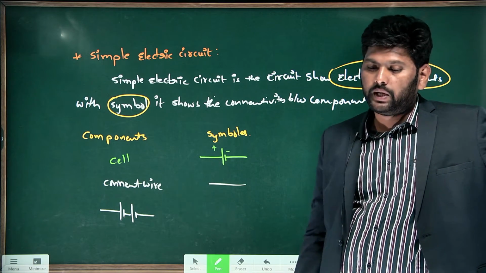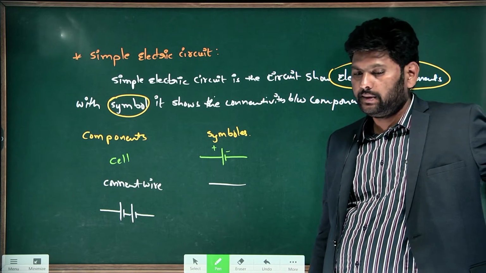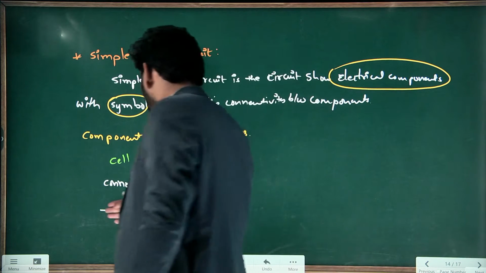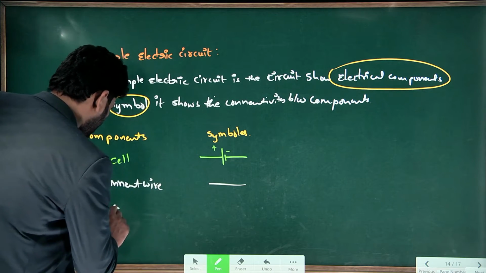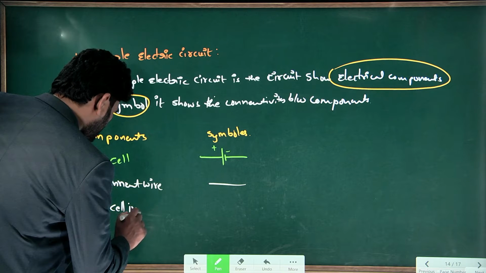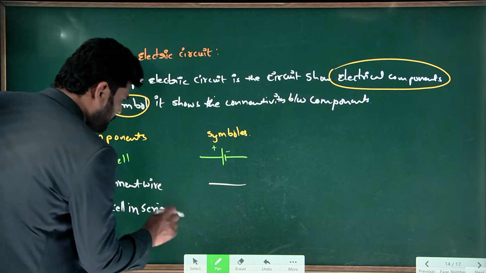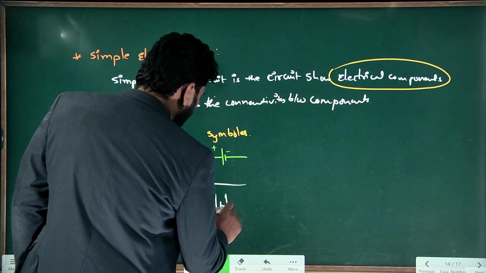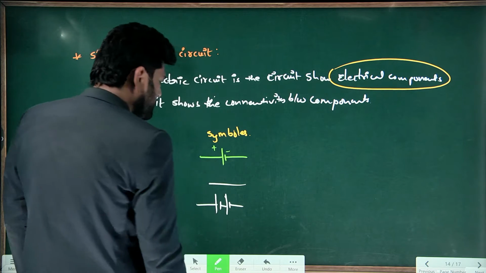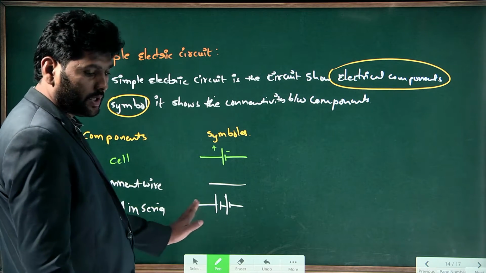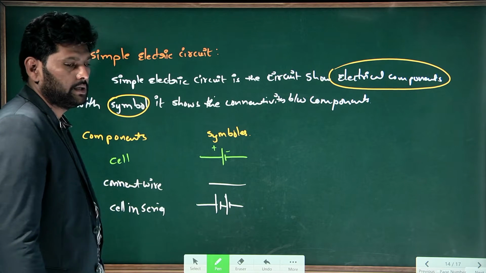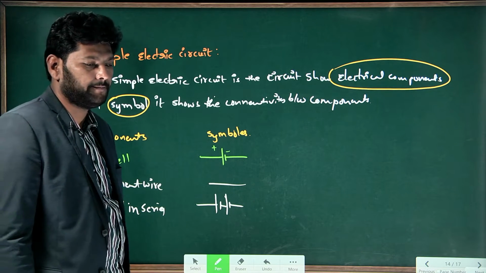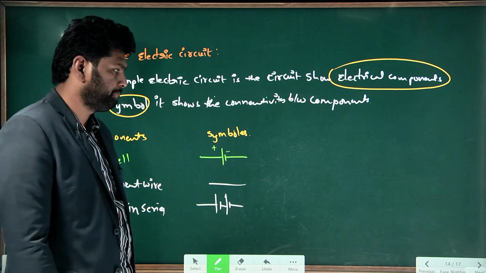We even learned about grouping of cells in earlier classes. So the component name is cells in series, and this is the symbol form. Likewise, you can connect any number of cells. Such an arrangement is known as a battery. We call it a battery.